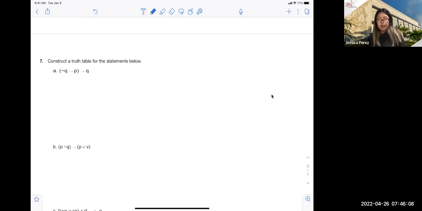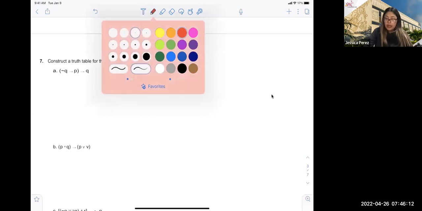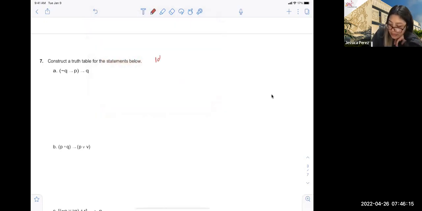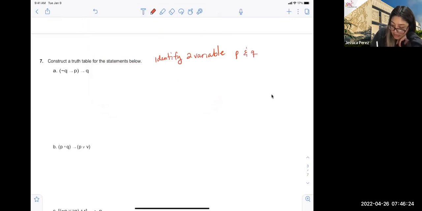Next step is construct a truth table for the following statements. So for a truth table, we first identify the variables. Two variables. Which variables? Well, P and Q. So then you will know you have four rows.